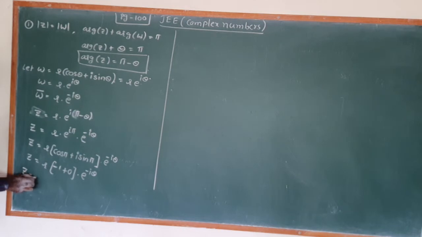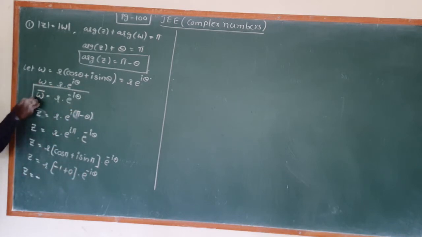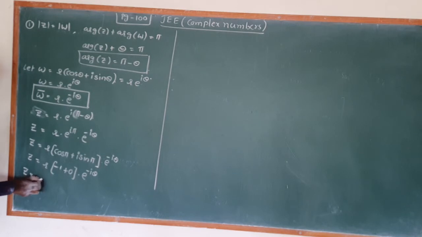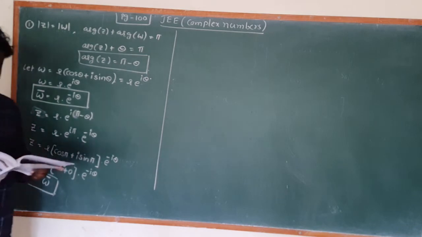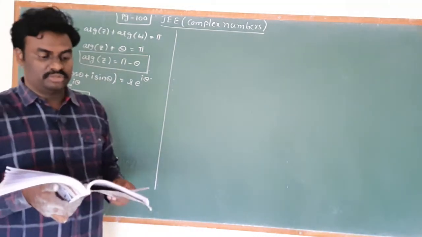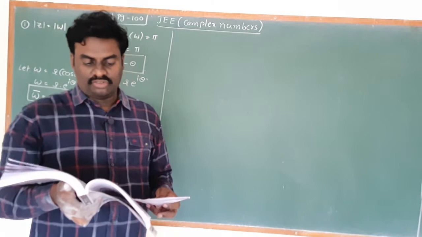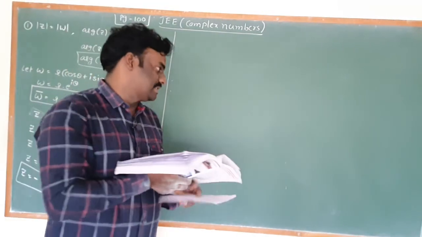Then Z is equal to minus 1 plus 0, in place of R e power minus i theta, what can I write? Omega bar. Finally we got the condition Z is equal to minus omega bar, that is nothing but the fourth option is the correct answer.